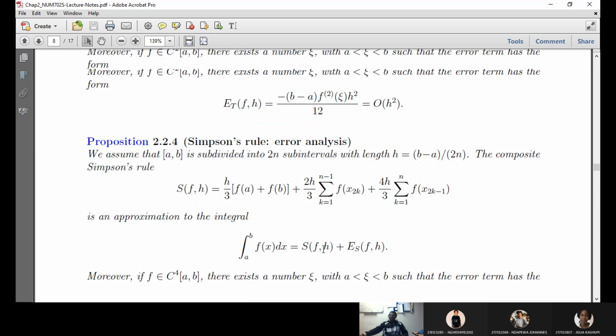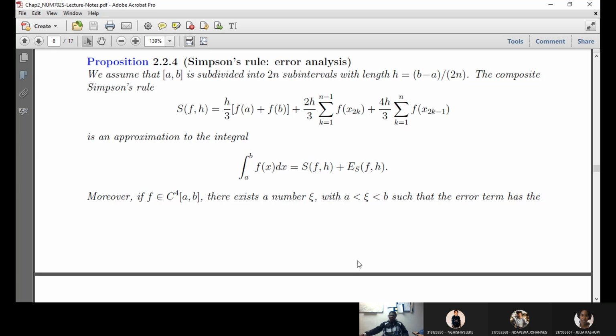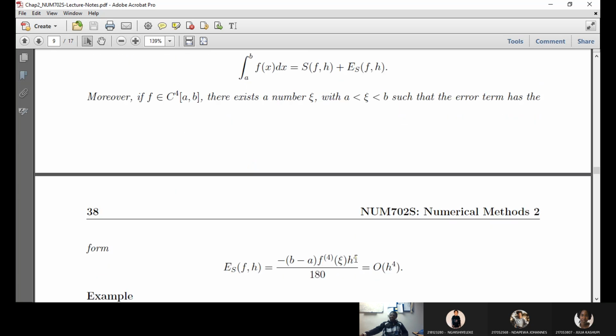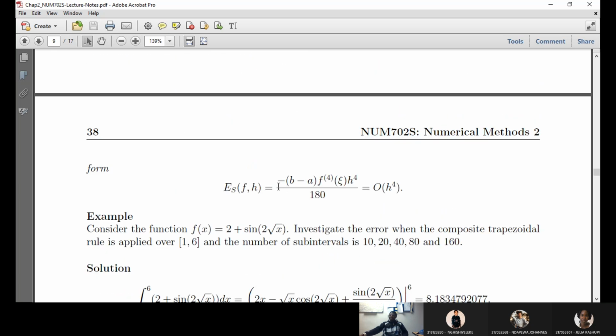You take the error term for the original Simpson's rule and then perform the summation, proceed as I explained, and then you get this. You see that b minus a will appear because you express n in terms of h and b minus a. Exactly the way I did it. And your h to the 5 will be reduced to h to the 4.